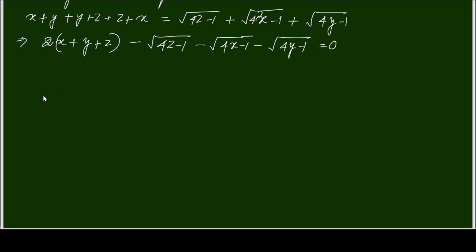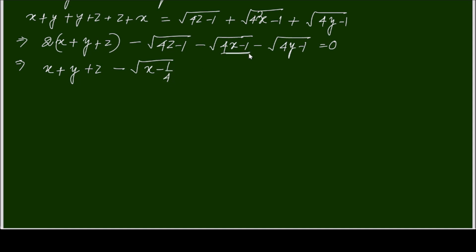So here I am taking 2 common from all these terms. So I'll get x plus y plus z minus, if I take 2 outside, then first I'm writing the x term, it will be square root of x minus 1 over 4.